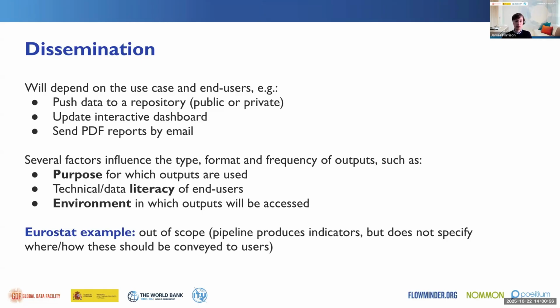Or maybe we're updating an interactive dashboard that will allow users to interact with the data, combine with other data sets, explore data in different areas, and so on. Or maybe we're compiling into PDF reports that will then be sent out by email to all of the users that are interested in those.